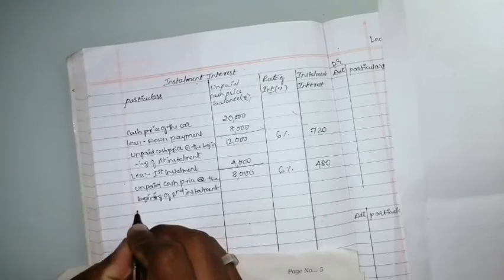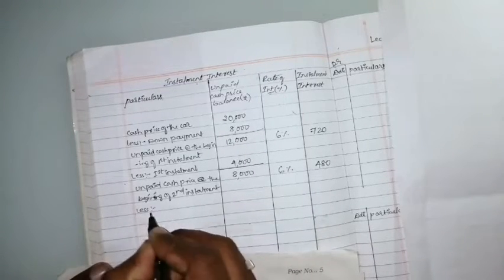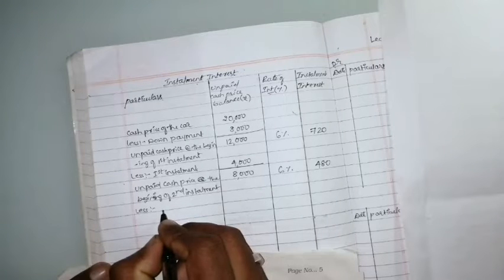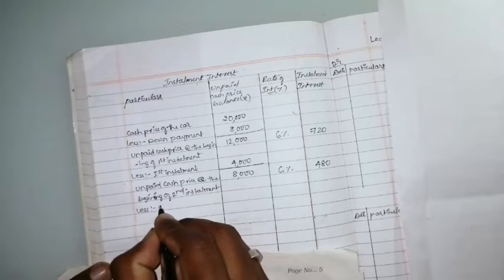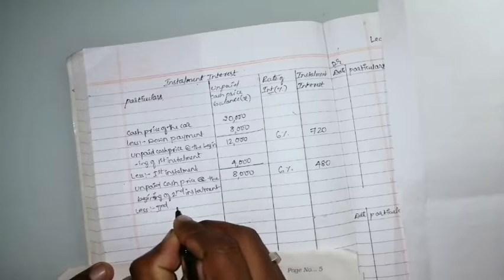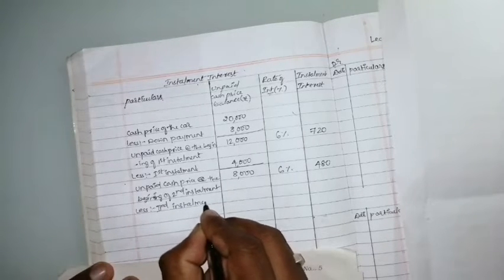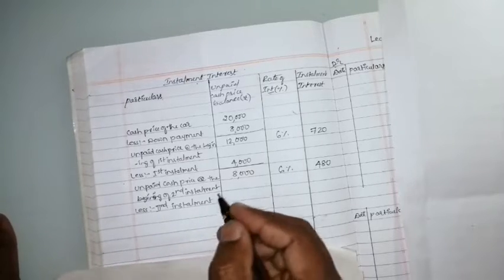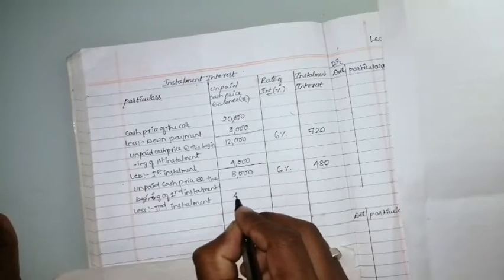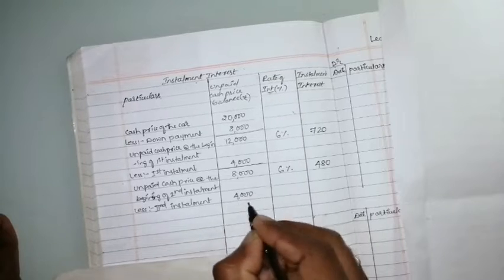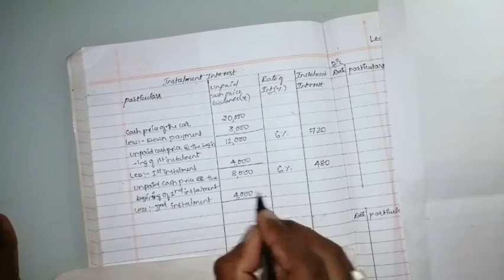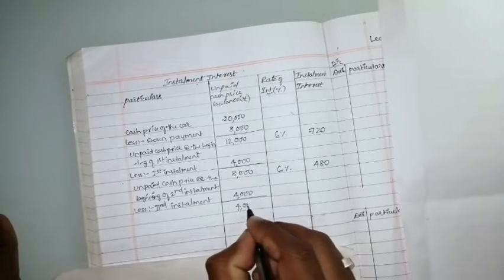Next, less second installment. How much is the second installment? Every installment is equal to 4,000, right? After that the remaining balance is 4,000.